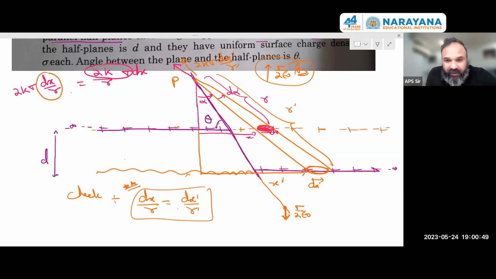Similarly, when you take a point somewhere here, I'll cut an element here, take the field because of this guy and his vertically opposite, and justify that this contribution and this contribution will cancel. So field everywhere here will be 0. Everywhere here, vertically upward sigma by 2 epsilon naught. Everywhere here, vertically downward sigma upon 2 epsilon naught.